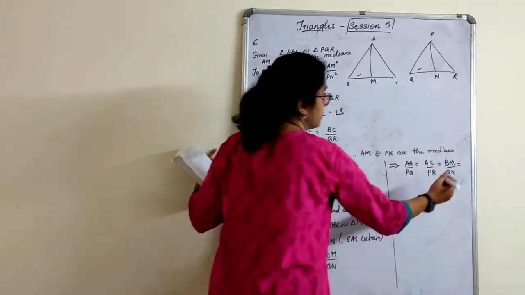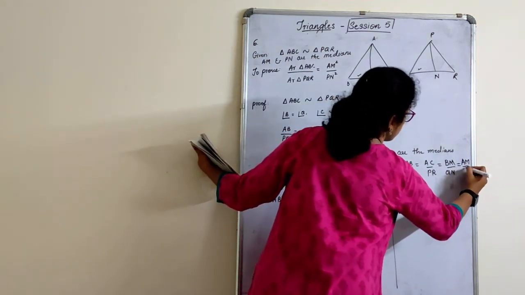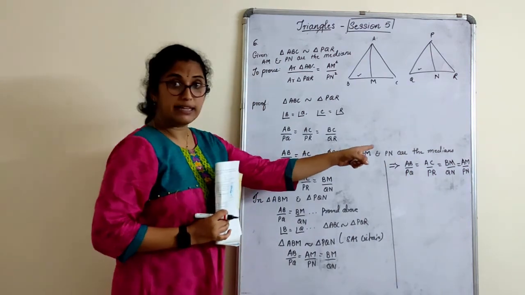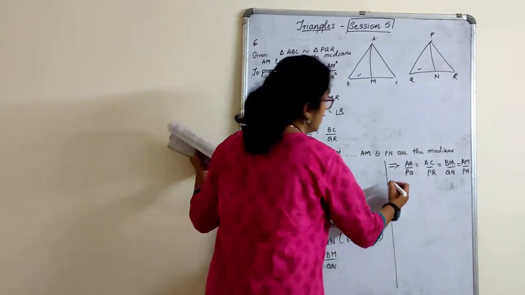AM by PN. All are there. From this we can say that all are equal, they are proportional to each other.